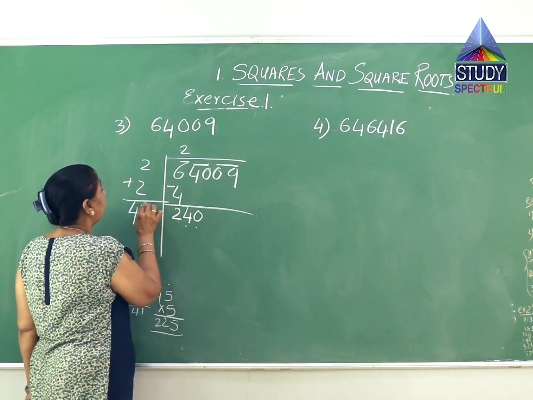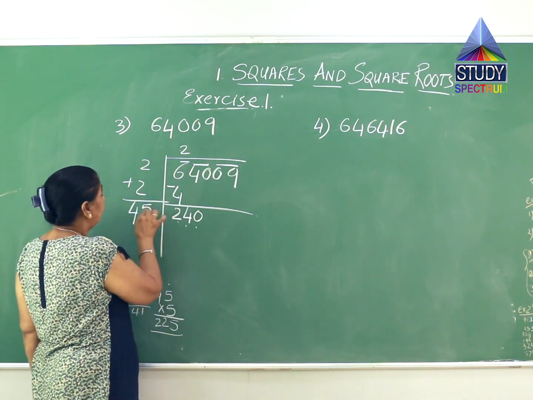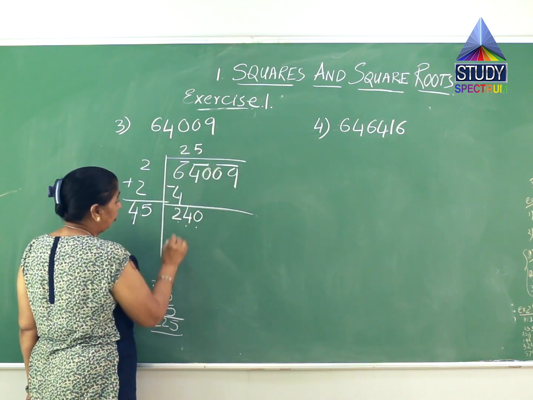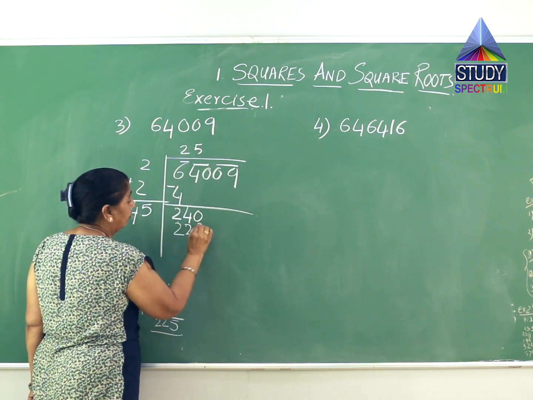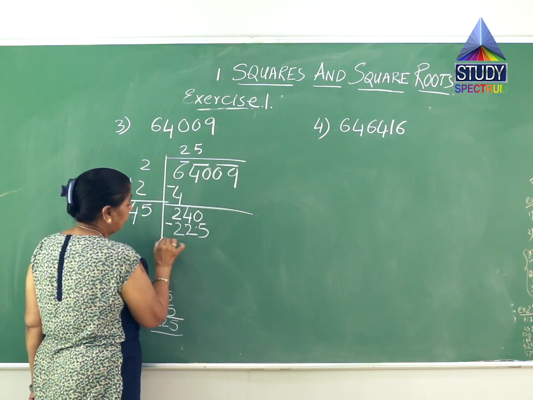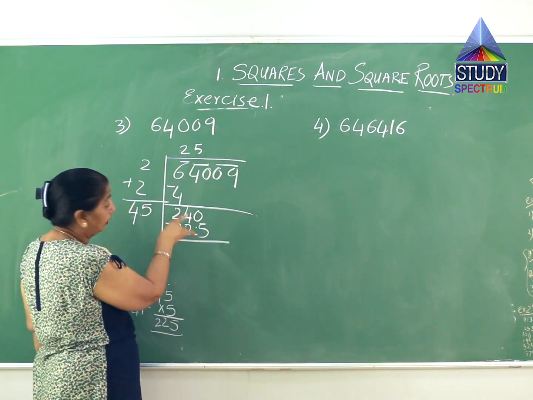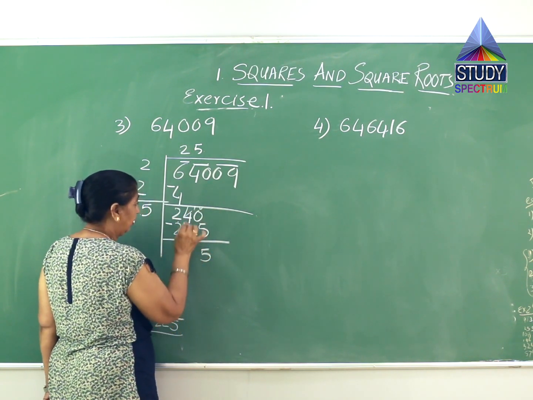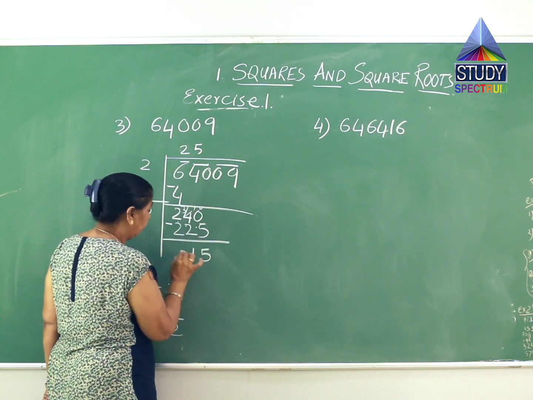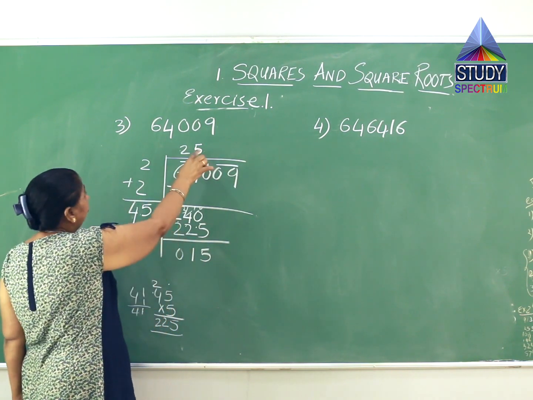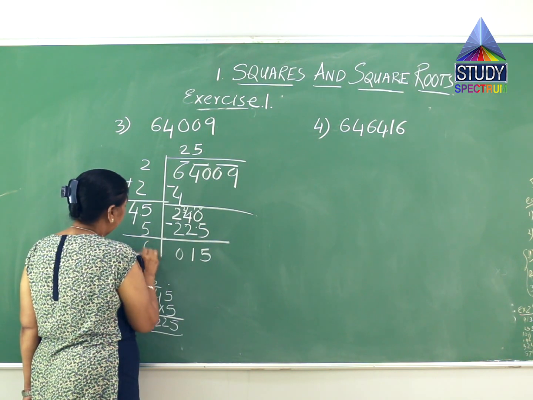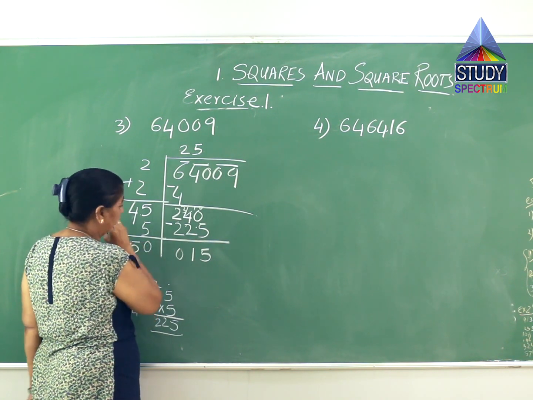So it's better to take 5 over here. Now 45 multiplied by 5, it gives me 225. After subtracting this number from 240, I get over here 15. And you have to add this 5 to this, that will give me 50.